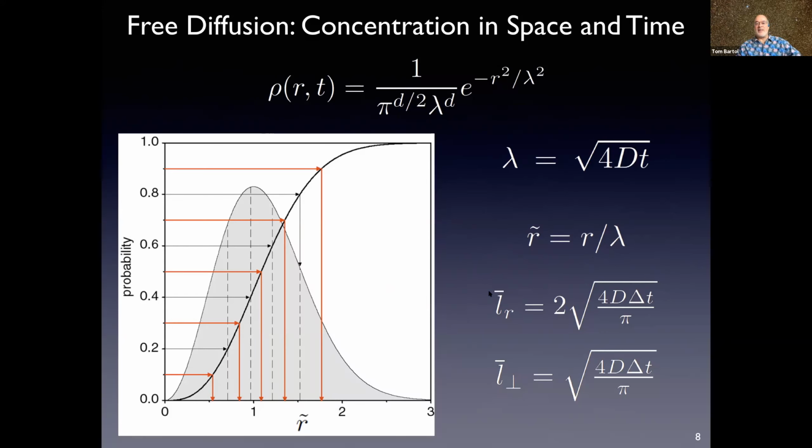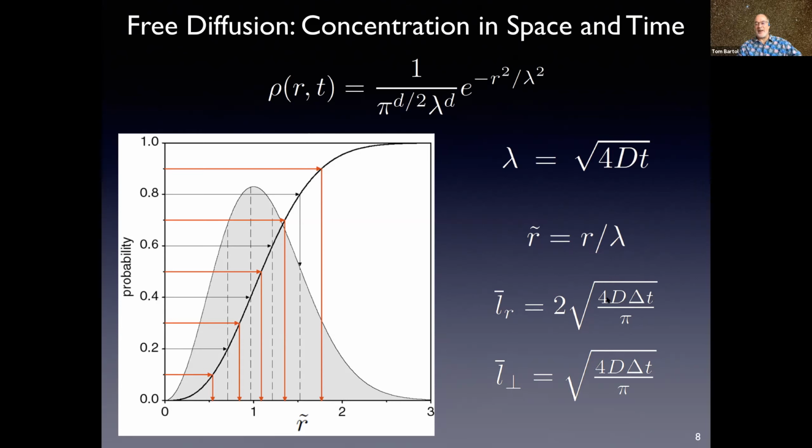And if we take this function, so important for slides coming up a few slides from now, if we take this solution and calculate the expectation value or the average of the radial distance, basically r, the average length that particles move, we get this answer, which is 2 times the square root of 4D delta t over pi.